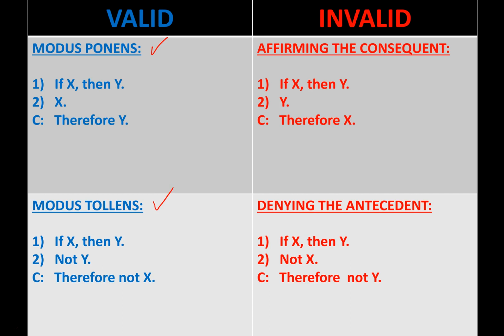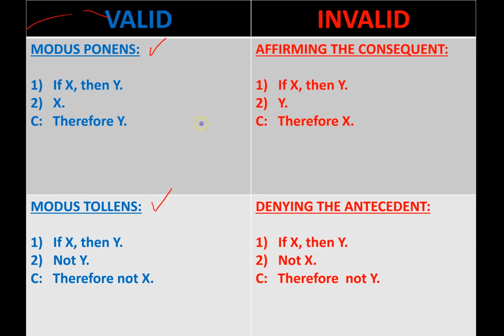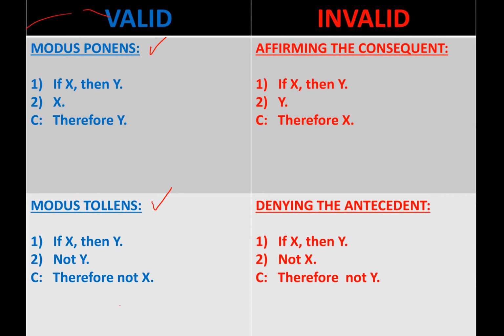Or there's modus tollens. If you got X, then you got Y. And then you don't have Y, not Y, which is denying the Y. Therefore, you don't have X. You're denying the X. Okay, that's known as modus tollens. These two are the valid forms of hypothetical syllogism.